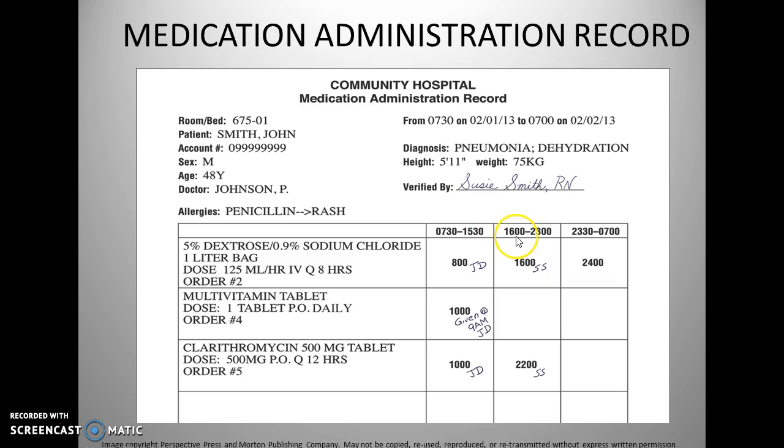This would be 4 o'clock, going down to 10 to 11 p.m. So this is when the medication is supposed to be given, and this is the initials of the individual who gave the medication.